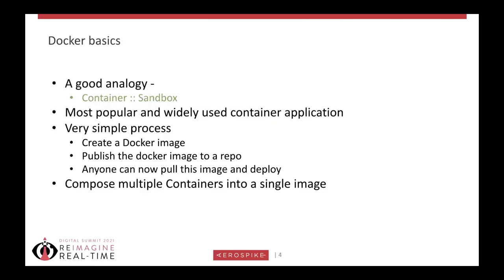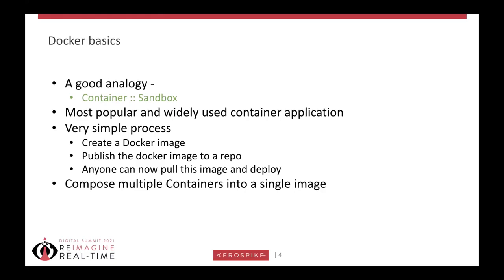And Docker is perhaps the most popular container out there. It almost goes synonymous that Docker is container, or container is Docker. It's a super simple process to actually build a Docker container. You would fundamentally use what is known as a Dockerfile and build a Docker image. And now you push this Docker image to a repo, just like how you would push your code to a GitHub repo or a GitLab repo.